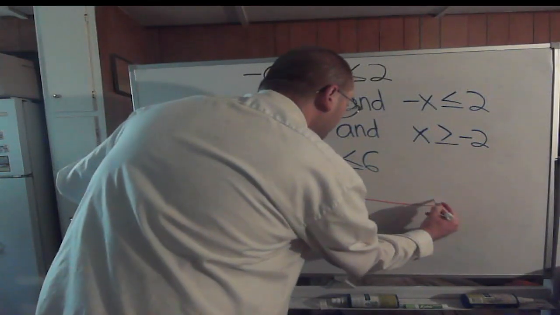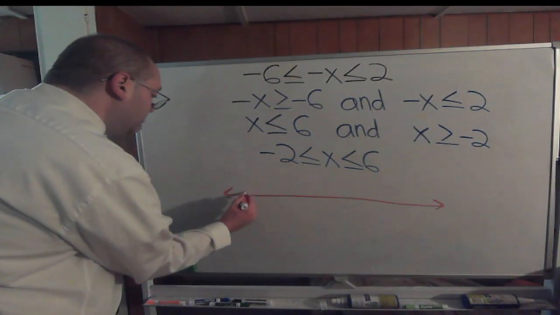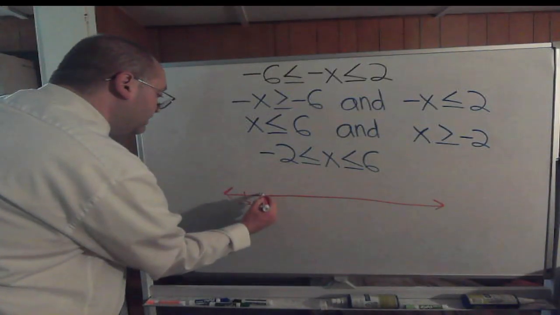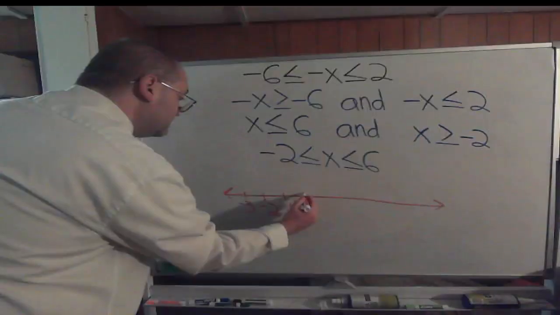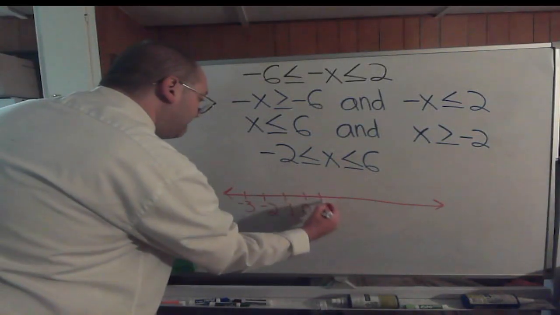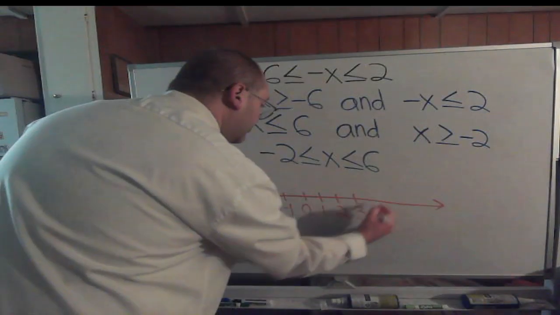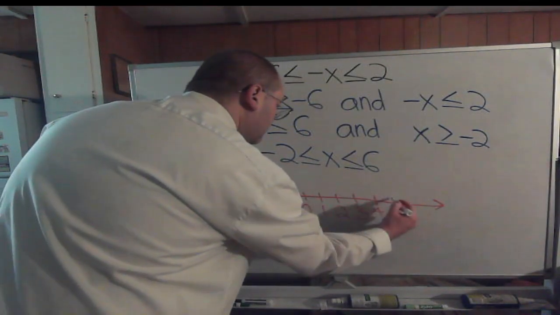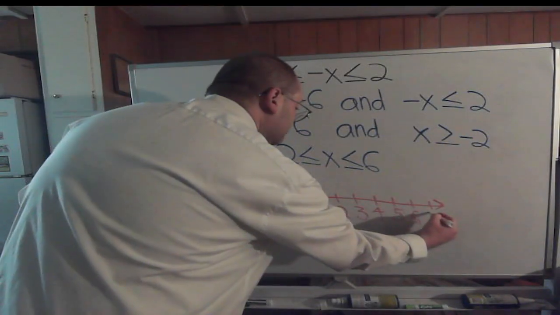Well, let's see here. We'll put negative 3 here, negative 2, negative 1, 0, 1, 2, 3, 4, 5, 6. I'll even put 7 there.